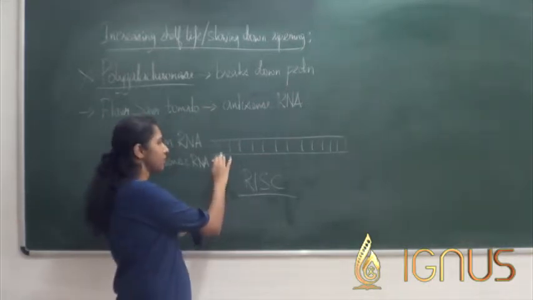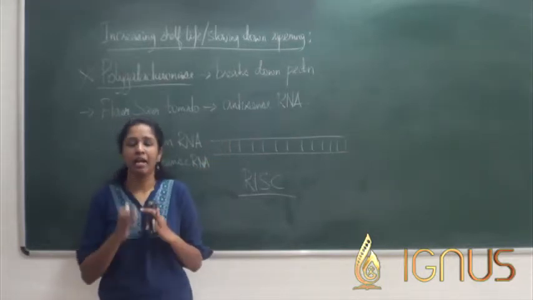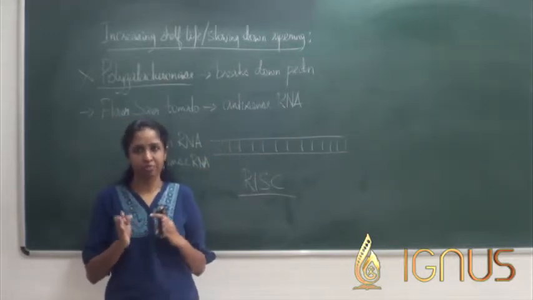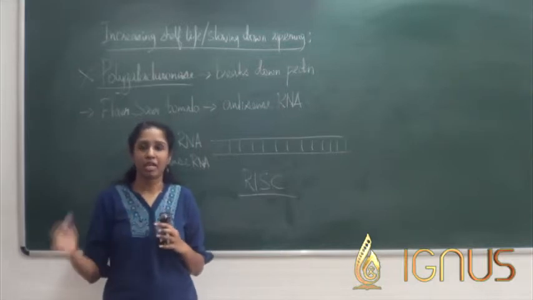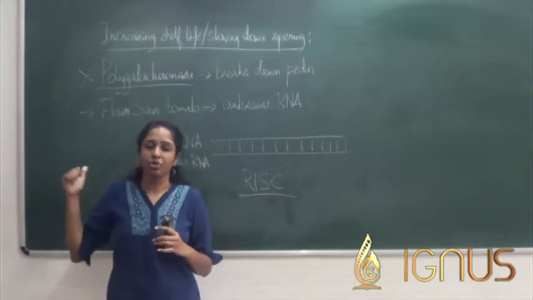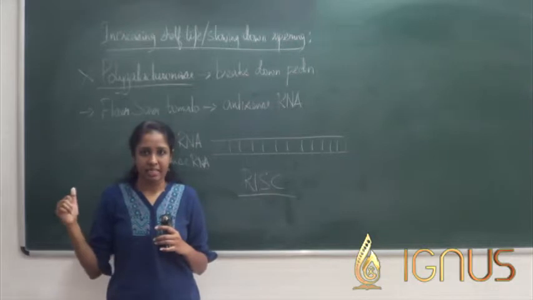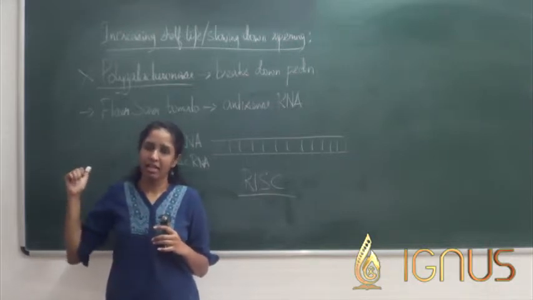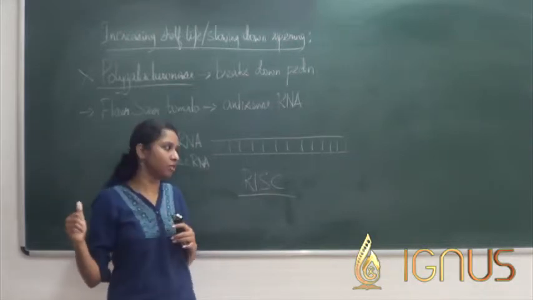Because antisense RNA is attached to the mRNA, it forms a double-stranded RNA instead of a single-stranded RNA, and therefore translation is not going to occur. So your gene will not be synthesized. Not the gene, but the enzyme will not be synthesized anymore.